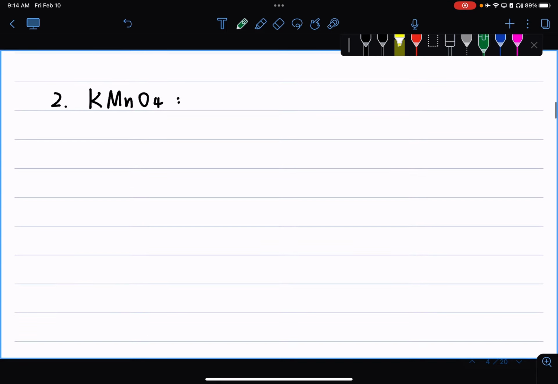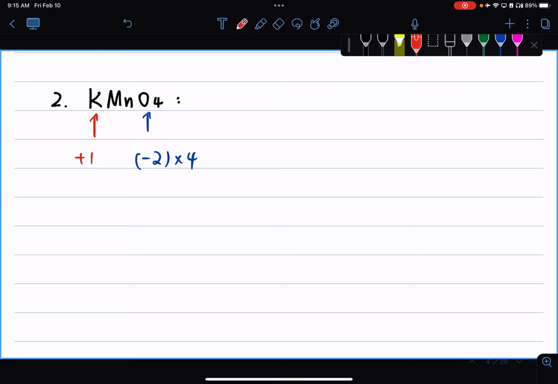Okay. Now in the potassium permanganate, we have potassium, that's our alkali metal, so it's always going to be +1. Oxygen is -2 times 4.